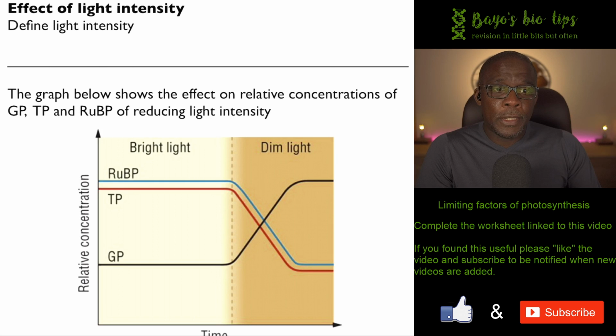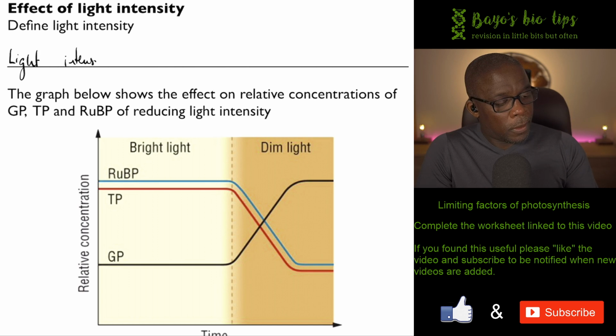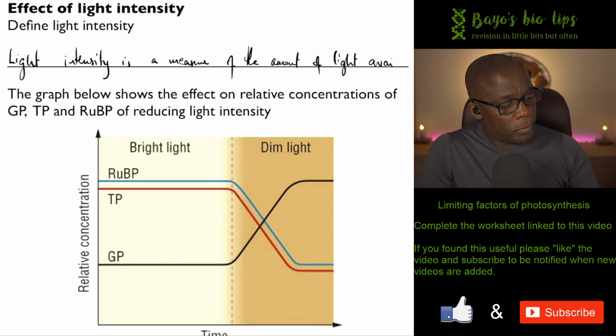What is light intensity? Light intensity is a measure of the amount of light available. So the greater the light intensity, the greater the amount of light available for photosynthesis to occur.